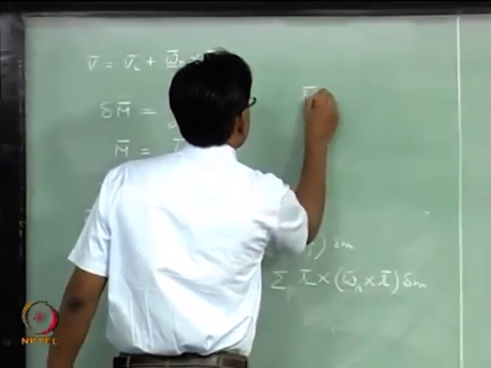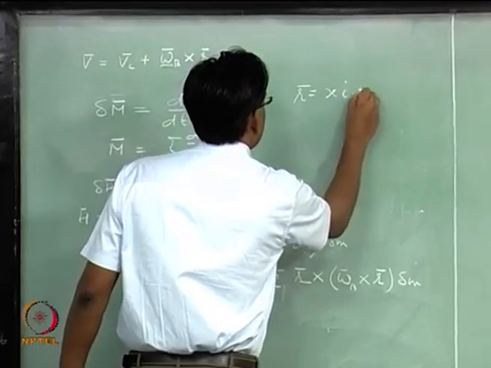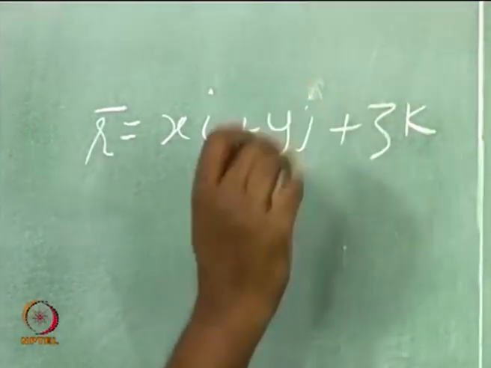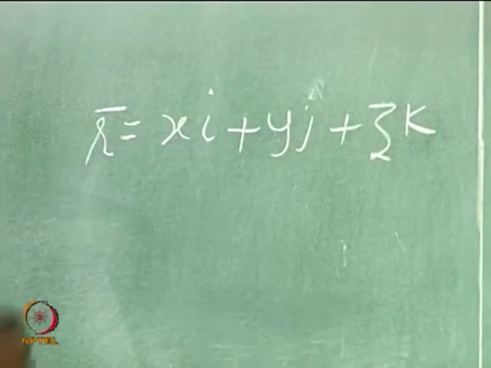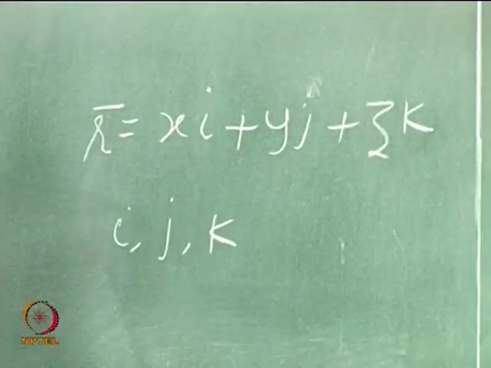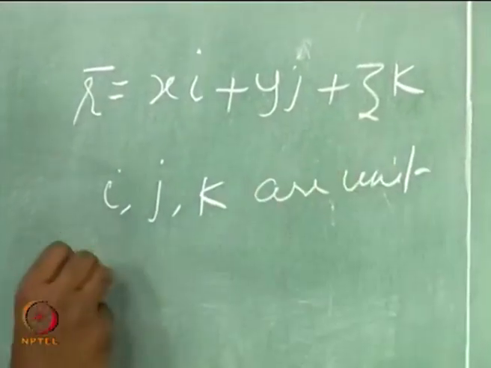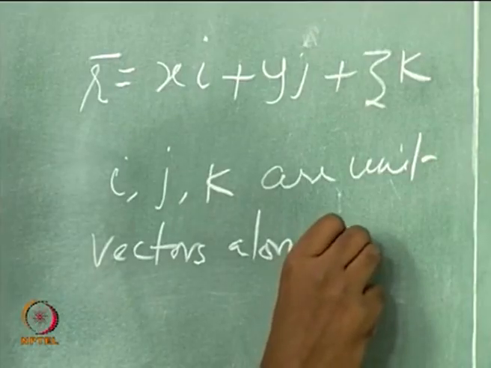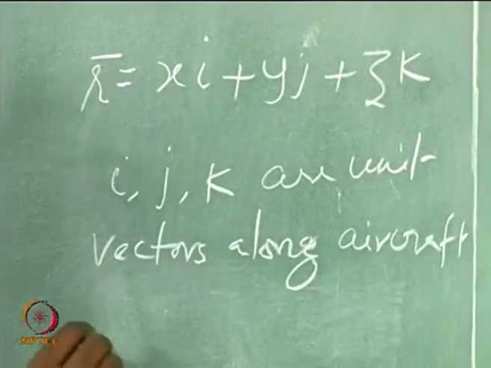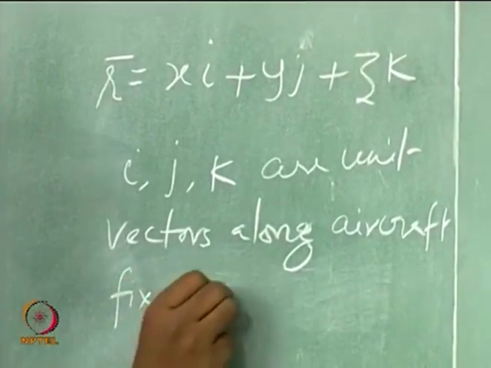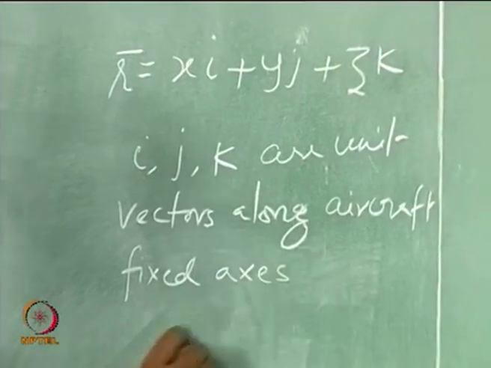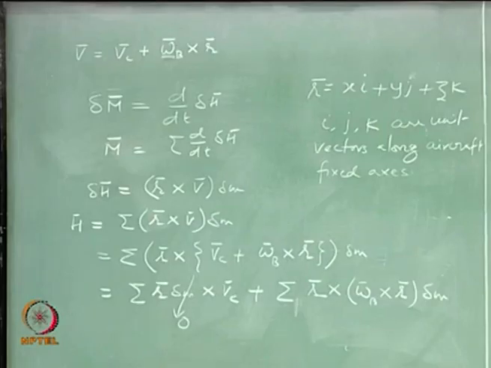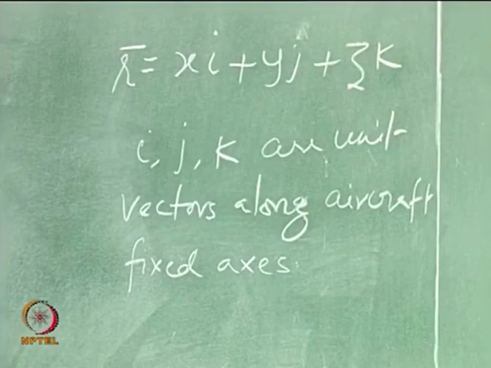So, R is x i plus y j plus z k, and i, j, k are unit vectors. Let us see what we get when we expand this.